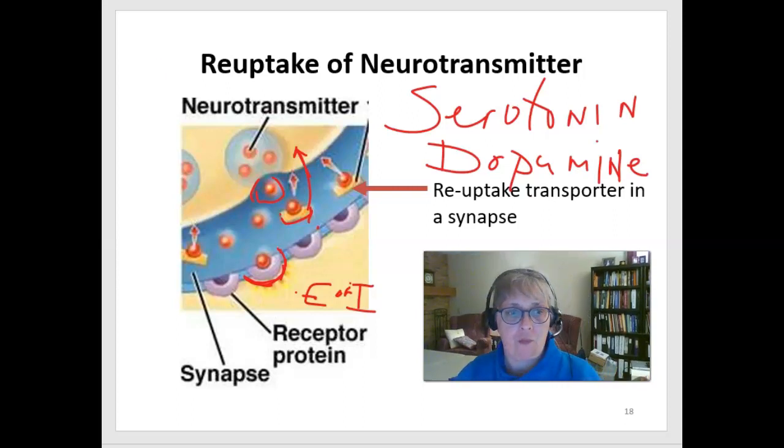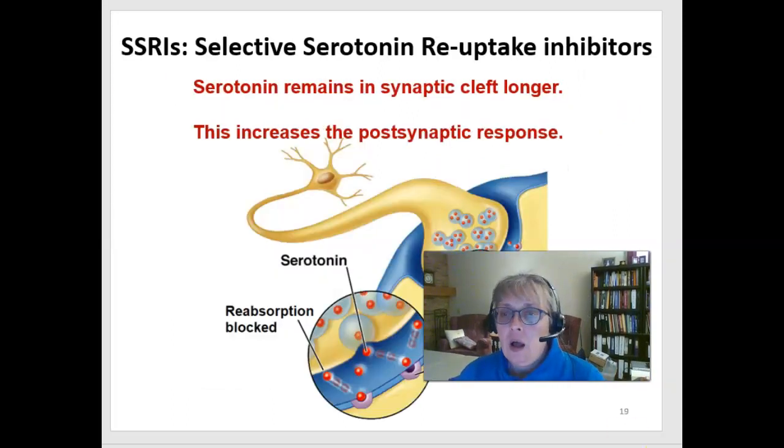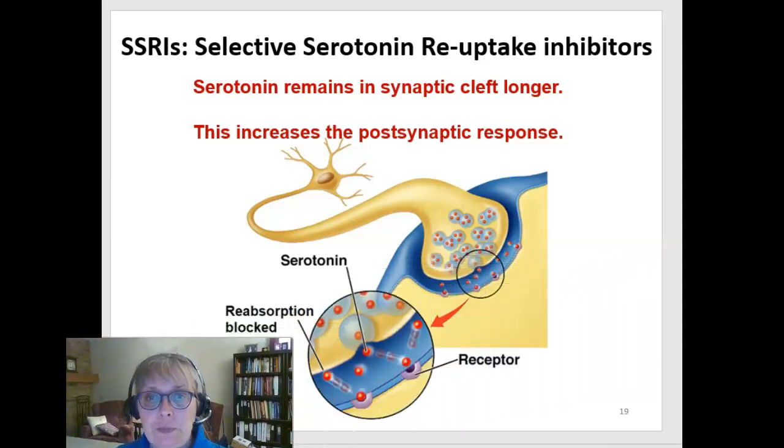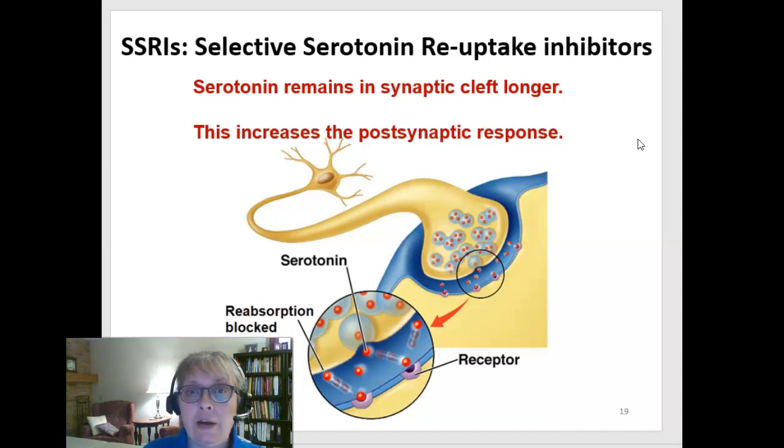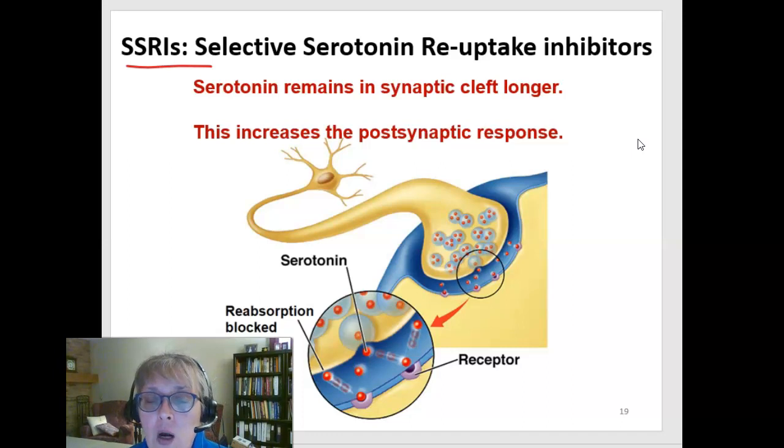Let's look at something called selective serotonin reuptake inhibitors. These are called SSRIs in the psychiatric world, and you may have heard of SSRIs before. The point in taking a selective serotonin reuptake inhibitor, a medication, is that then serotonin would remain in the synaptic cleft longer.